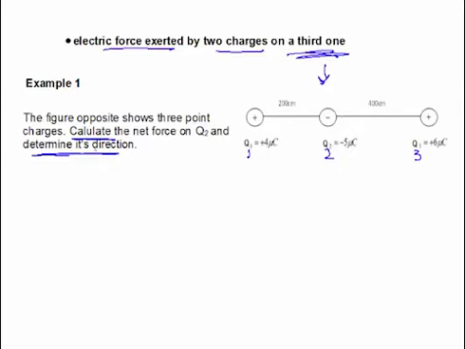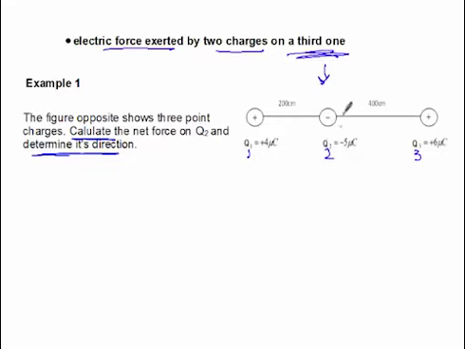Okay, now remember here that this charge Q2 is affected by two other charges, Q3 and Q1. Both are exerting forces on Q2. So there is more than one force here.